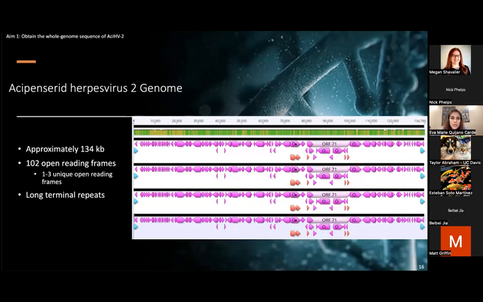In addition, each isolate has 1 to 3 unique predicted open reading frames, which we don't know the significance of just yet. The alignment of these genomes reveals that over 98.6% of the bases are identical between any 2 isolates. Finally, as I mentioned before, the long terminal repeats in ASCHV2 are in blue here, and they are 1,907 base pairs with very little variation among the isolates.